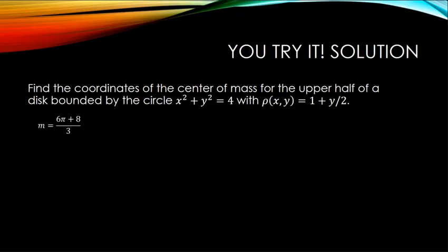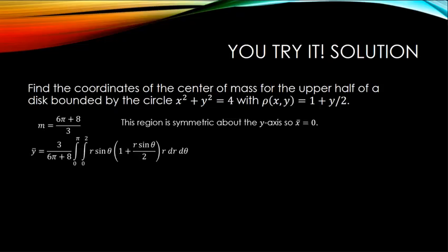Now I know what my total mass is, and I also notice that my region is symmetric about the y-axis. This tells me that x bar will be at 0, so I only need to compute y bar. Y bar will be equal to 3 over 6 pi plus 8 times the integral from 0 to pi of the integral from 0 to 2 of r sine theta times the quantity 1 plus r sine theta over 2 times r dr d theta.